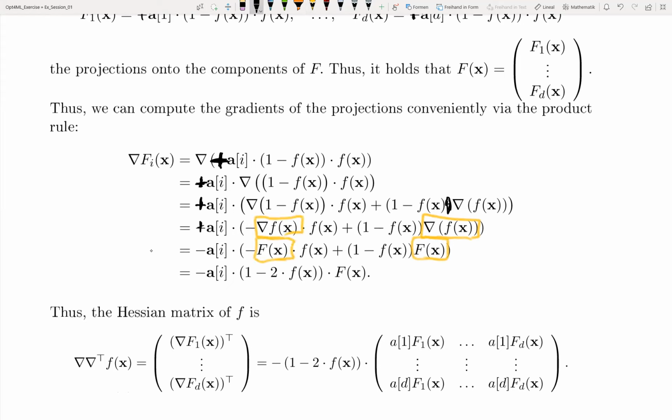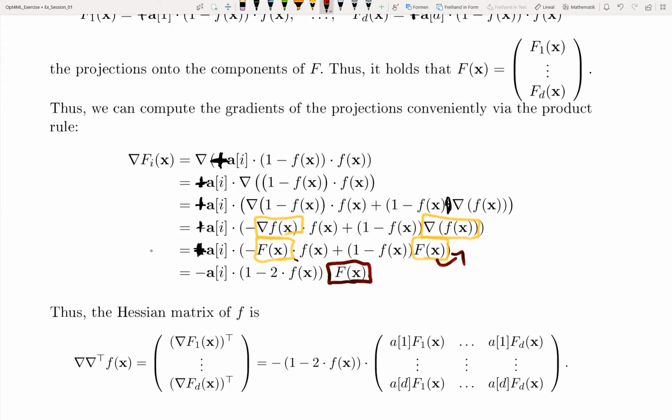So here the plus is also still valid. And then we pull out the f of x. We have it 2 times here in this sum, and we get it here.